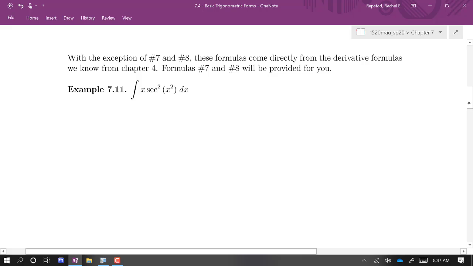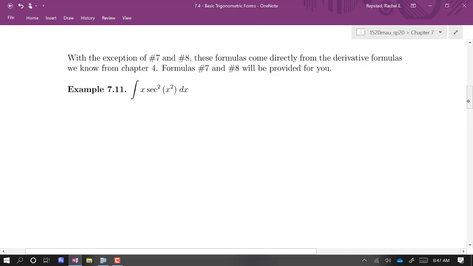We'll start with this example, the integral of x times secant squared of x squared dx. And if we're looking for a u substitution, there's, I hope, some comfort in knowing that at least there's a finite number of choices we have as we scan this function.